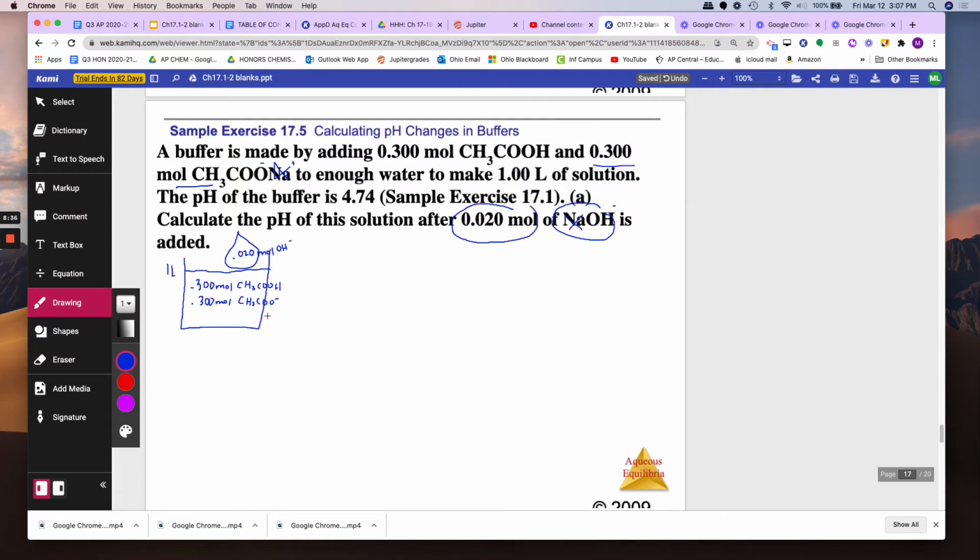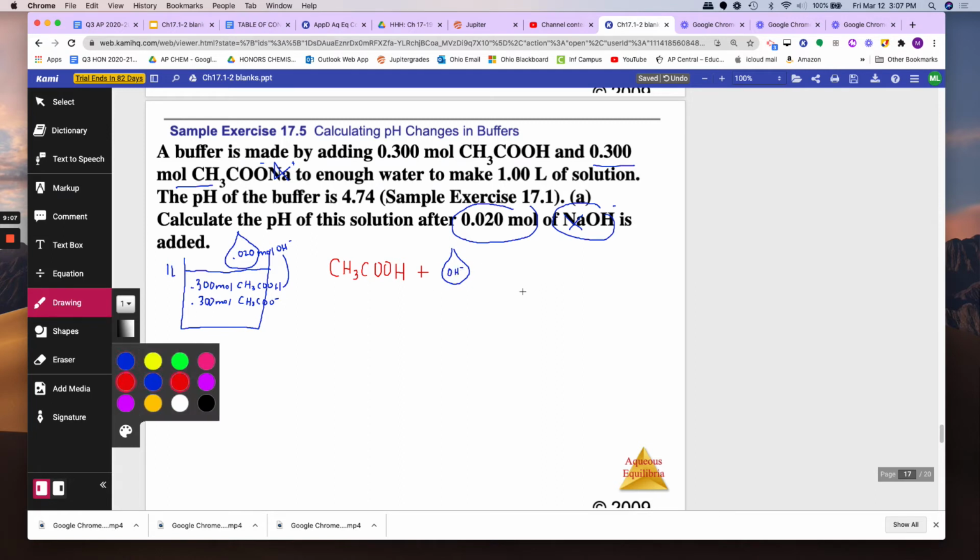So first thing you're going to do is think, what's going to attack the OH minus? That's right, the acid will. So you have to write the equation first. And this might be the hardest part of this problem, knowing what equation to write. Well, of course, the acid will attack the base that you added in droplets, right?